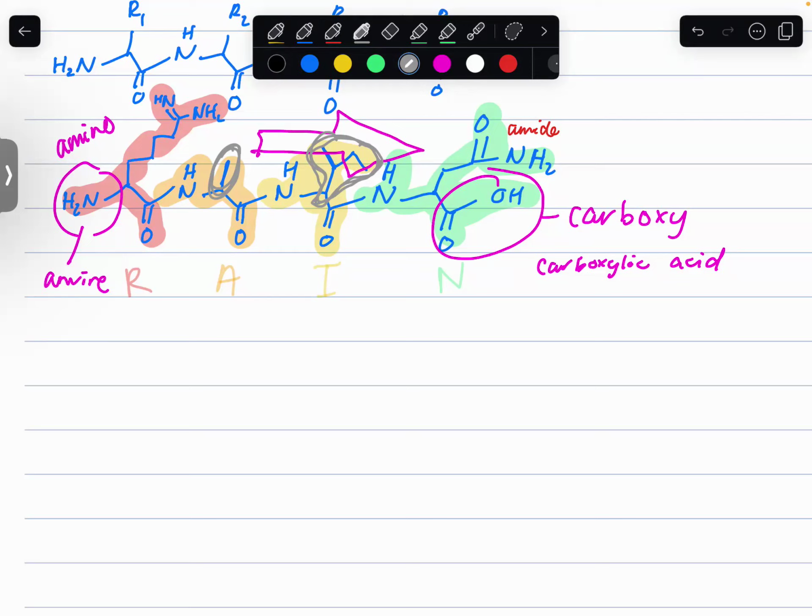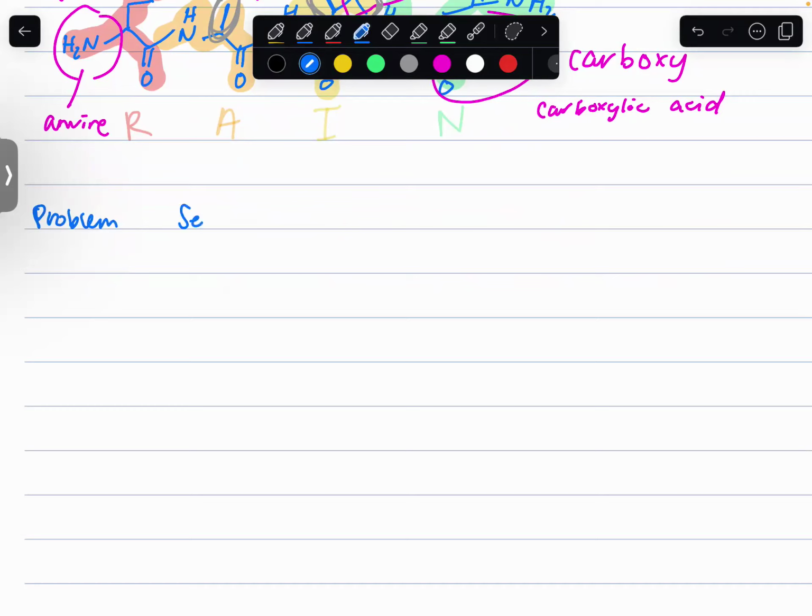Okay. So for NMR, I'm going to use problem set 5, question 5. My strategy with NMR is to extract all the possible information I can out of the structure before I even look at the spectrum.